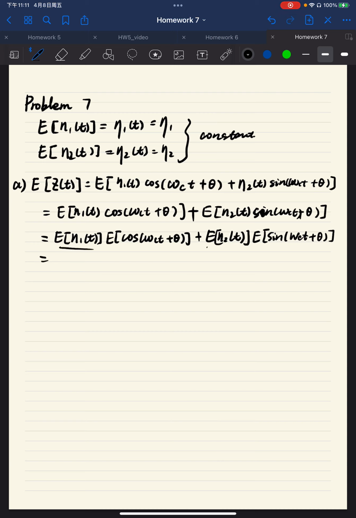And these two are eta 1 and eta 2. The other factors can be found by integrals, like 1 over 2 pi times the integral from 0 to 2 pi over the range of theta of cosine of omega c t plus theta d theta, and similarly for this part.